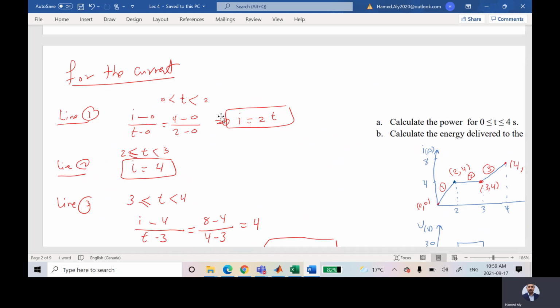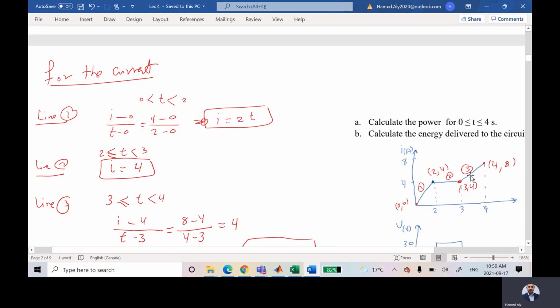For line 3, which is this line, I have this point, which is 3 and 4, and I have that point, which is 4 and 8.